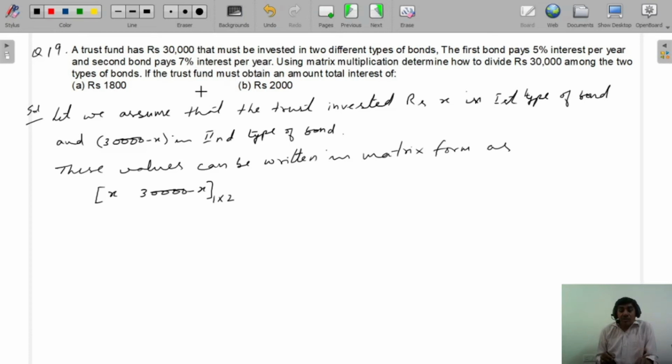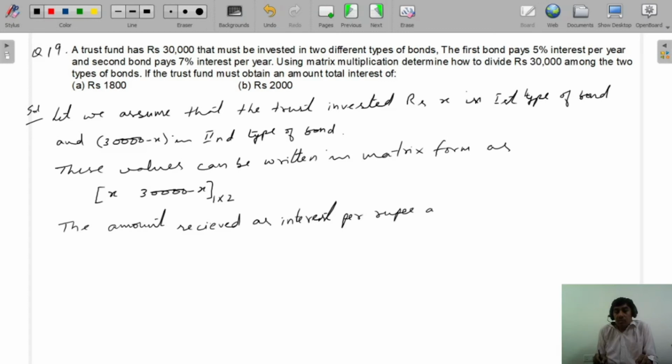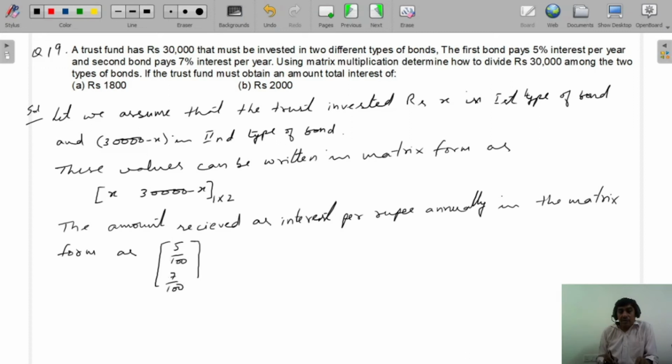So the amount received as interest per rupee annually can be written in matrix form as [5/100; 7/100], which is a 2 by 1 order matrix.